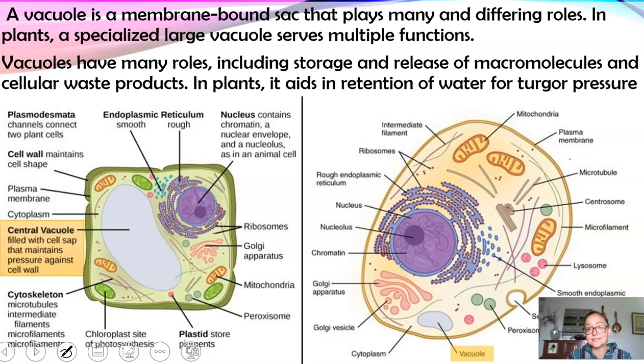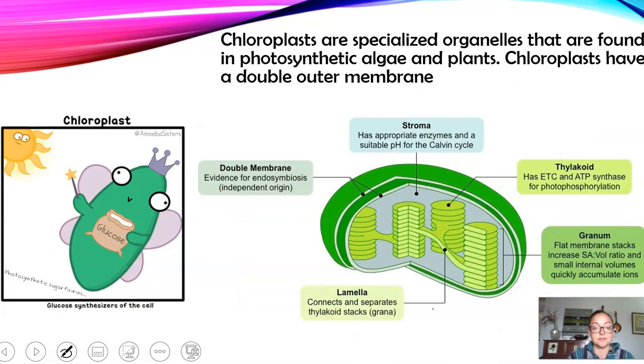Now in plants, up to 50% of that cytoplasm could be a vacuole, and that is important in turgor pressure, which basically is pressing on the cytoplasm of the plant, helping it to stand up straight. Now in animal cells, we don't have that large of a vacuole, but we do still have vacuoles.